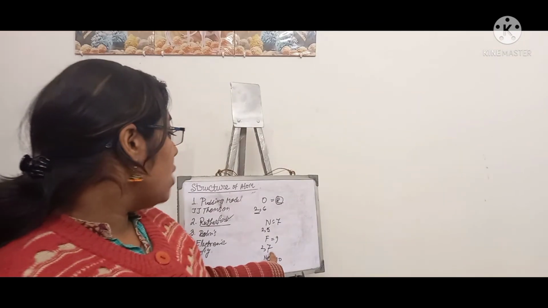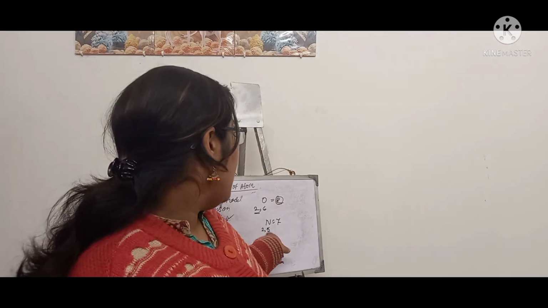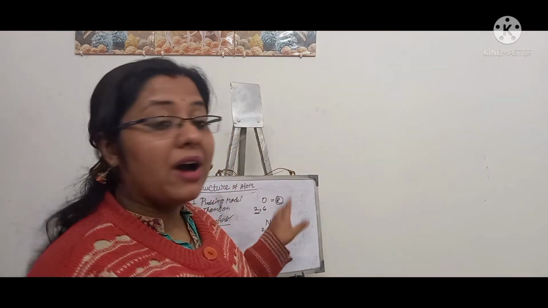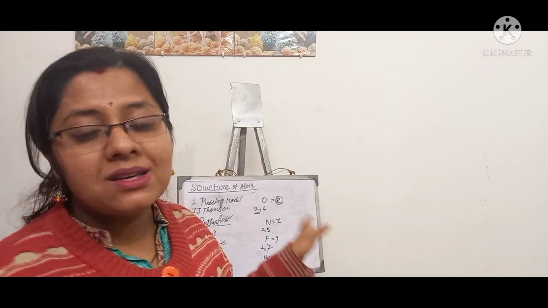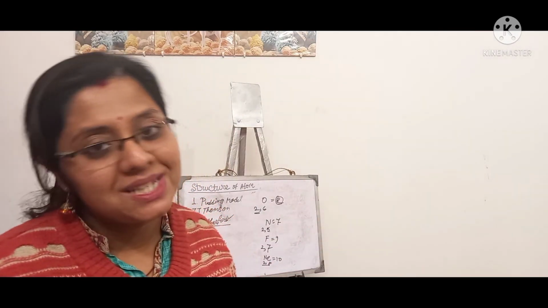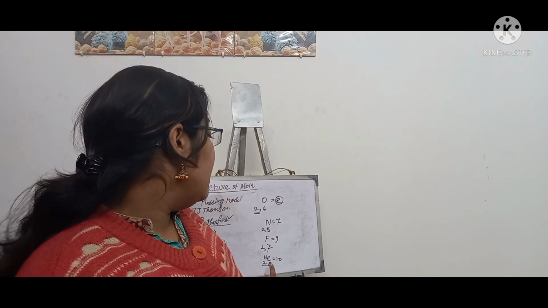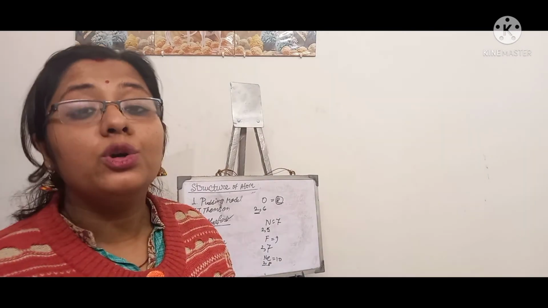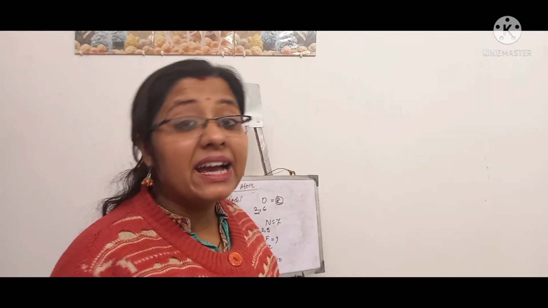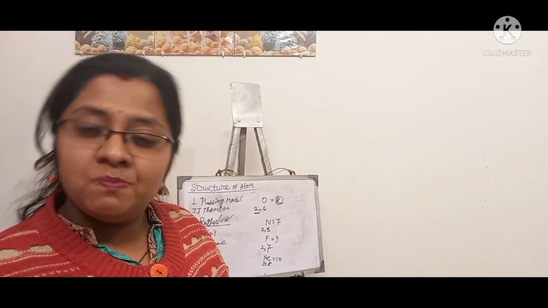See here, outermost orbit 7 electrons, this is not stable. Outermost orbit here 5 electrons, not stable. Outermost orbit 6 electrons, so they are not stable. So if you find 8 electrons in the outermost orbit, you can say these elements are inactive. These elements are noble gases.